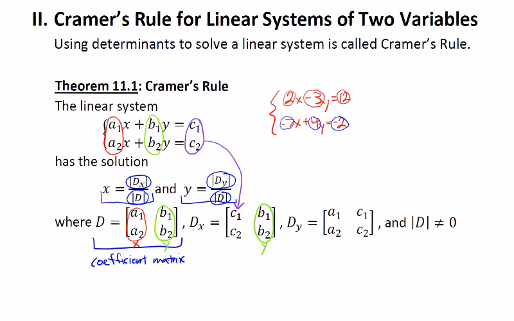So Dx has the x column removed and has it replaced with c1, c2. Dy is created in the same fashion. Dy is going to actually include the x column, which is the x column from matrix D, but I'm going to exclude the y column. That's why we call it Dy. And what I will replace it with is I will take that c1, c2, and I will have it go where the omitted column was. So this is how we will create the three matrices, D, Dx, and Dy.